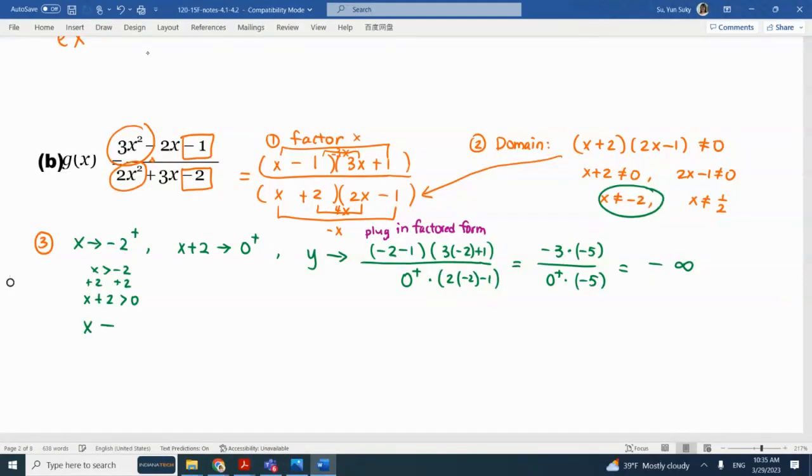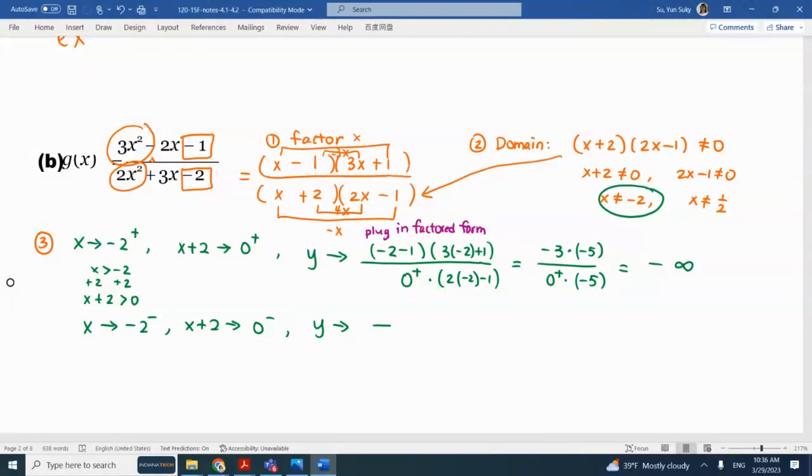Now keep going. X goes to -2 from the left. Zach, can you tell me what happened to x plus 2? 0 minus. Yeah, very good. 0 minus. And then the y goes to, do you see here?